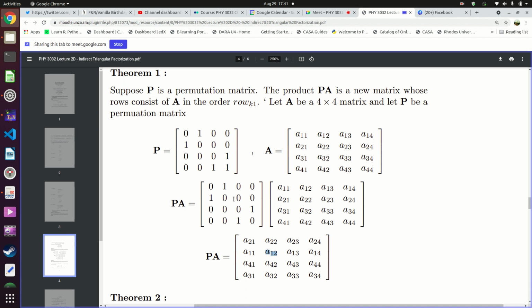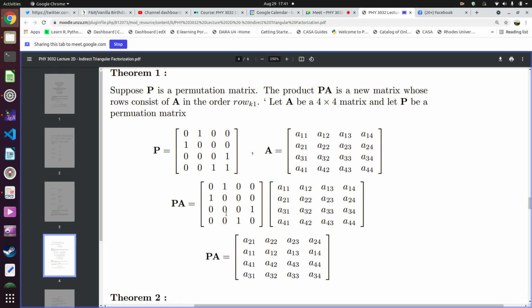Then this one here, second row multiplied by third column, it will be 1 times this, then everything else below multiplied by 0. So you're going to end up with A13. Then this times this. So you're going to have 1 times A14, then everything else multiplied by 0. So you're going to end up with this here.